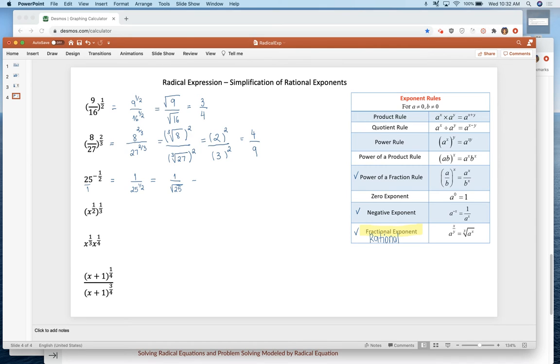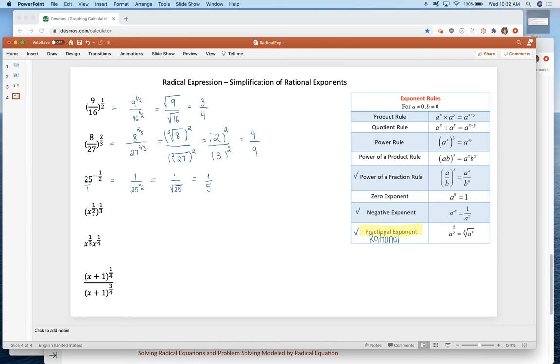Pay attention that my index has to be the length of the radicand. And this is equal to 1/5. So simplifying this rational expression leads me to determine that this expression is equivalent to 1/5.